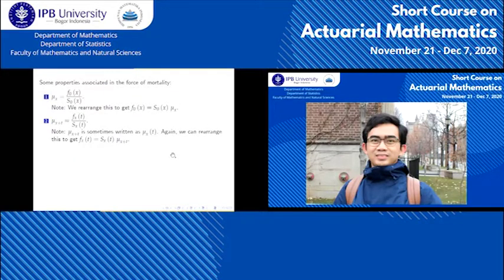The second property is similar to the first property. Mu x plus t is equal to fxt divided by sxt. Please take note that mu x plus t is sometimes written as mu x of t. Again, we can rearrange this to get fxt is equal to sxt times mu x plus t. We can prove this property as well.